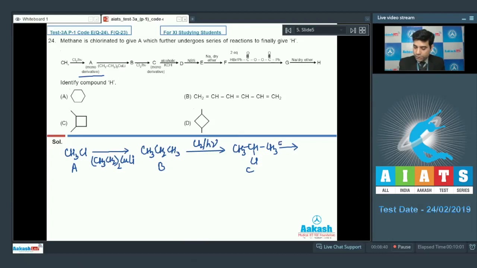With alcoholic KOH, elimination takes place and it will give us propene. Now, this is D. When D reacts with N-bromosuccinimide, allylic substitution of bromine takes place and this is the product formed because this is the allylic position.